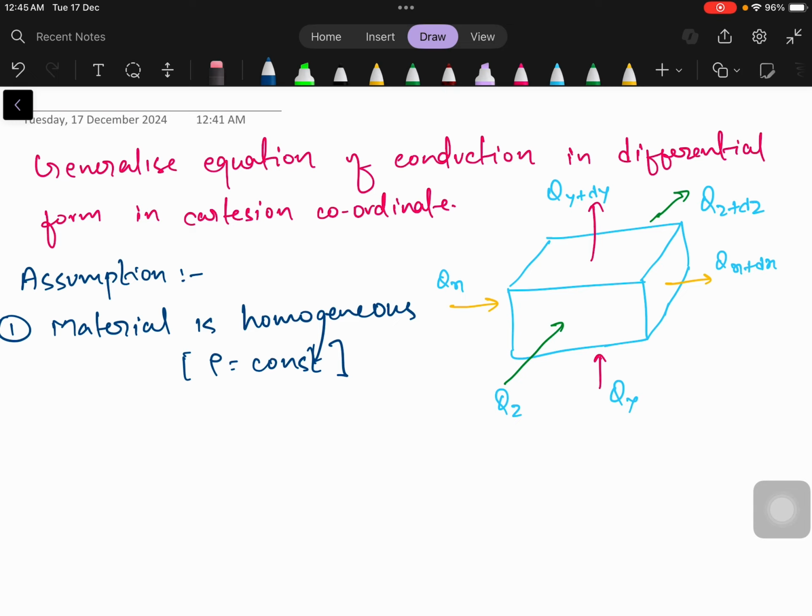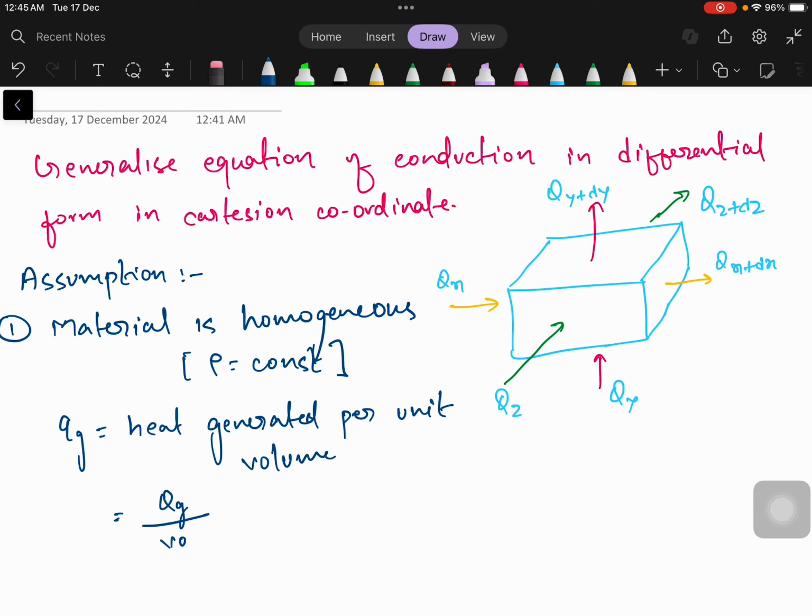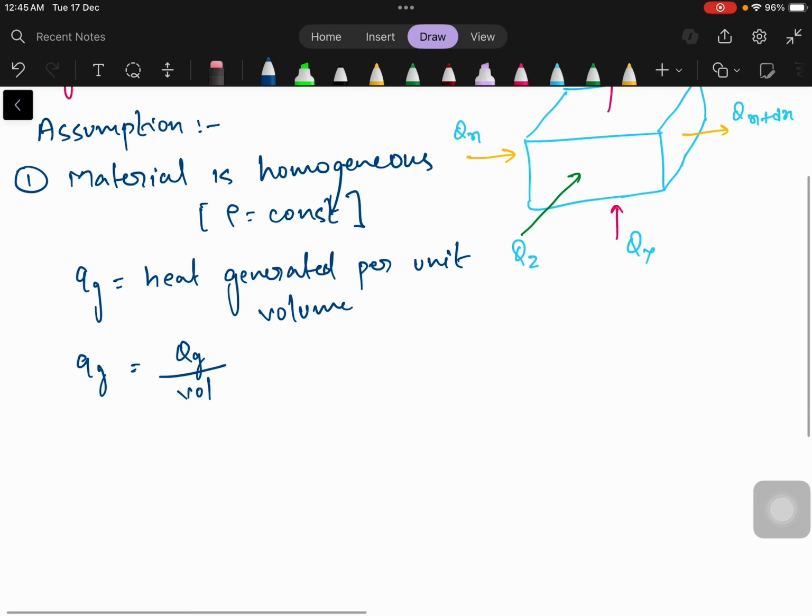Now qg is heat generated per unit volume. We can also write it as heat generated per unit volume, Qg.